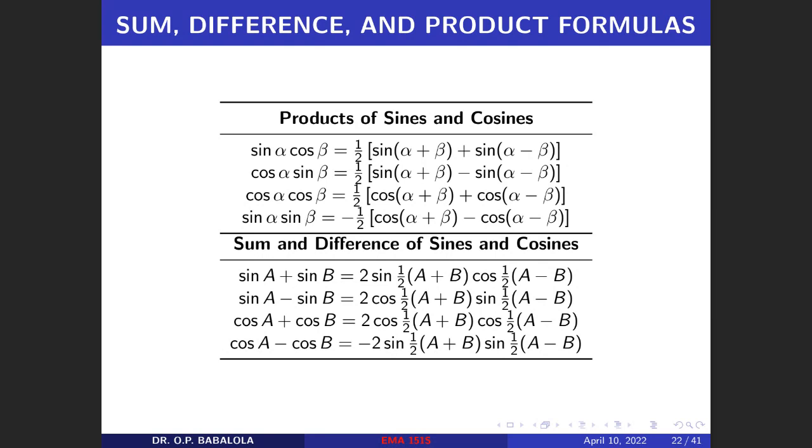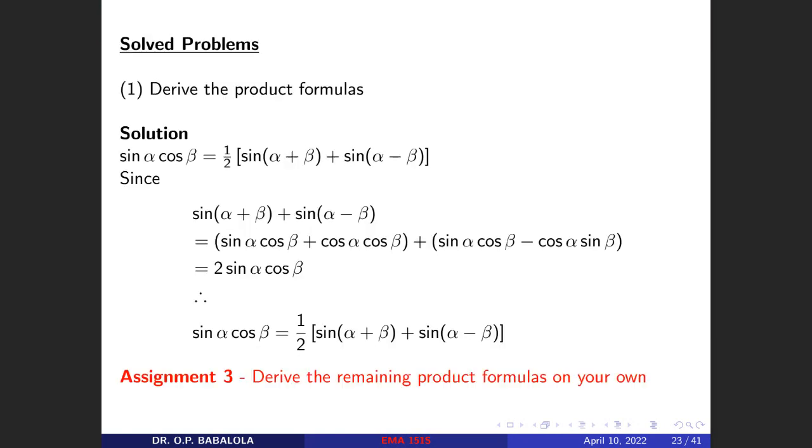We're considering 4. The first one is sine alpha cos beta. Second is cos alpha sine beta. Third is cos alpha cos beta. Fourth is sine alpha sine beta. All right. So what I'll do is derive sine alpha cos beta, and then you should derive the remaining product formulas on your own.